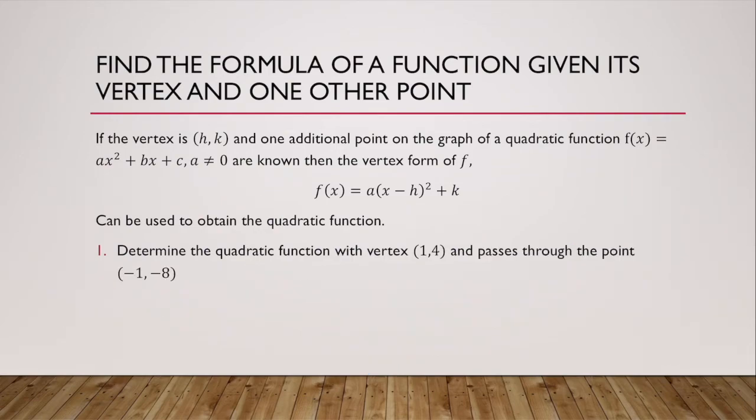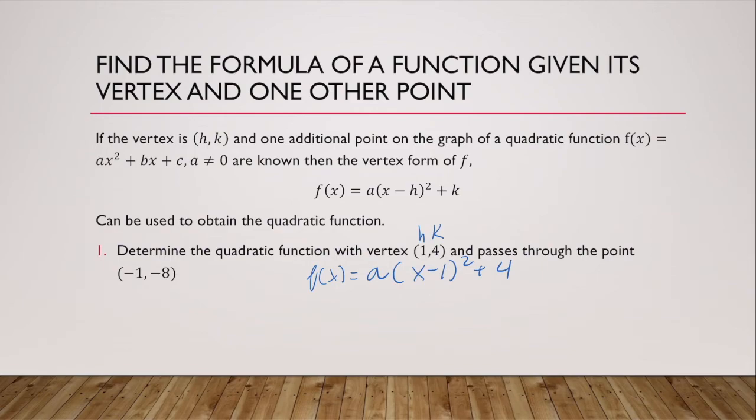Next, let's determine the quadratic function with vertex 1, 4 that passes through the point when x is -1, y is -8. So here I'm given my hk, so I have f of x is a times x minus 1 squared plus 4. And I'm trying to solve for a. And I'm given some key information.